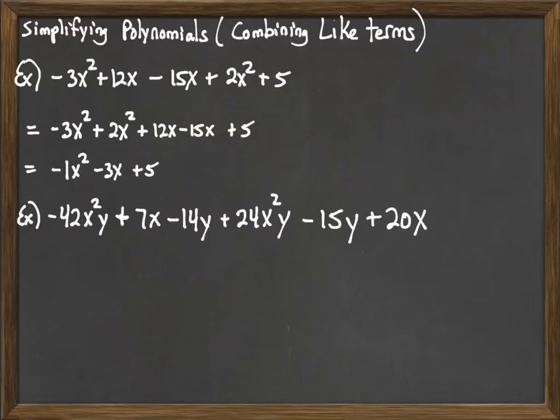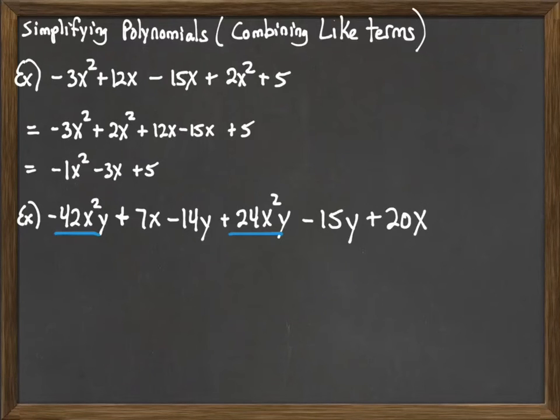So we have x's and y's all throughout this problem. But when it comes to simplifying and combining things, we can only combine those things where the variable parts are identical. So, for instance, the negative 42x squared y and the 24x squared y are like terms. I'm just going to underline those. If you're doing this on paper and you have some highlighters around, I think highlighters are a great tool for math.